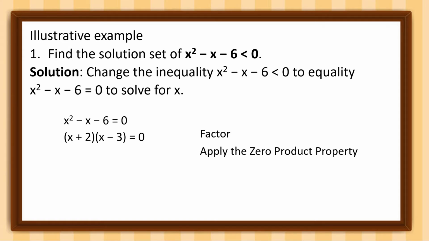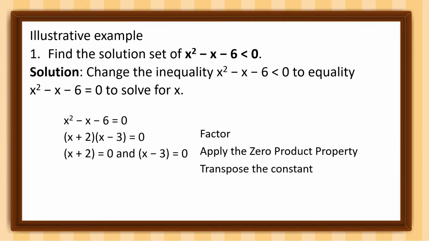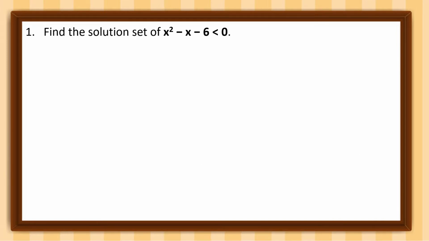And then by applying the zero product property, we will have x plus 2 equals 0 and x minus 3 equals 0. Then transpose the constants, and the roots, or the values of x, are x equals negative 2 and x equals 3.